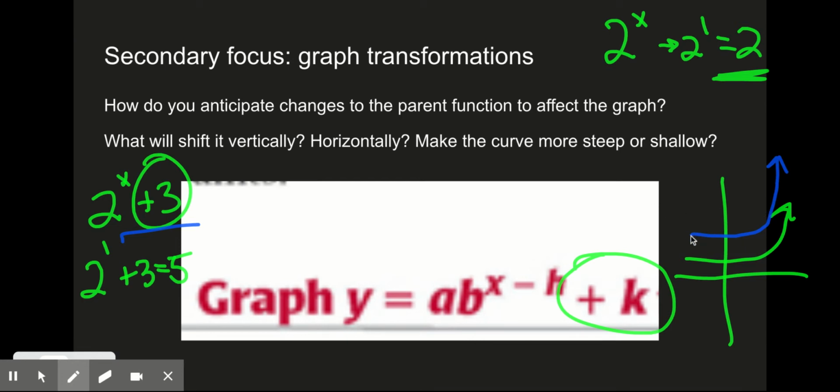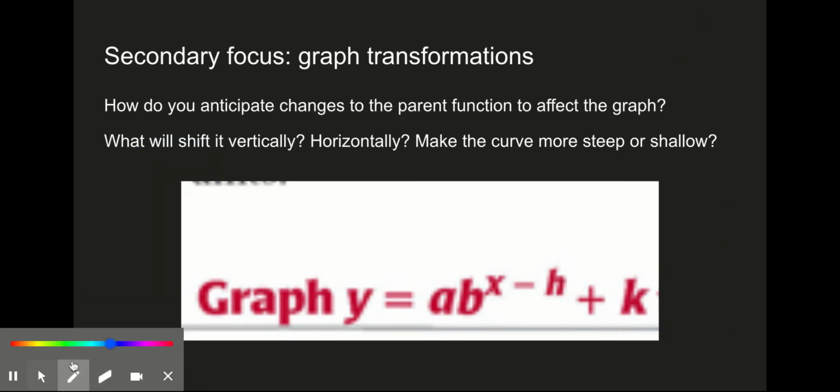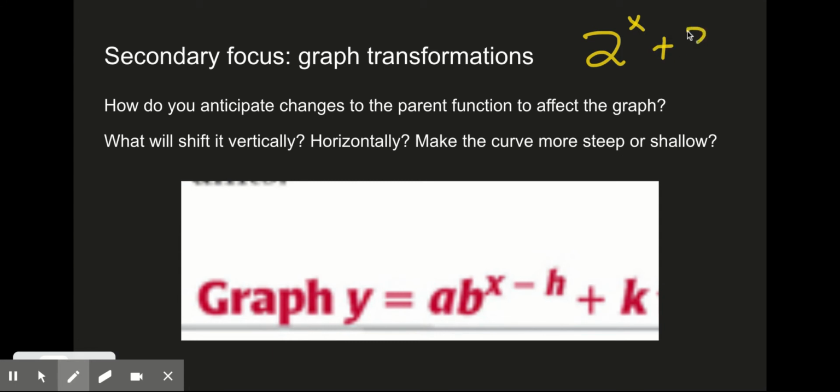And notice if it's elevated a bit, what happens to the asymptote? The asymptote changes as well. In fact, this is pretty much always going to be your asymptote, right? Because if you think about this as 2 to the power of x plus 3, we've talked before about how the power will never be 0.